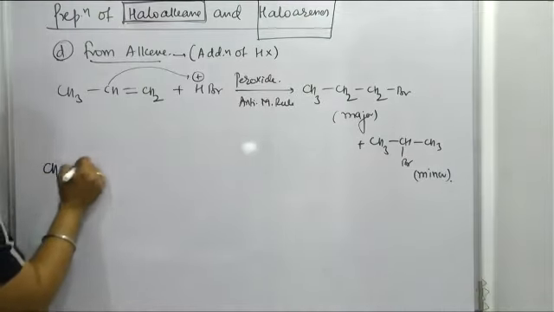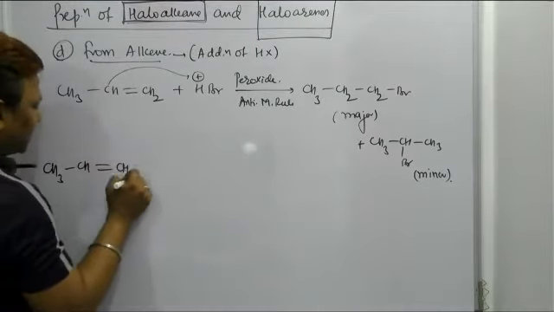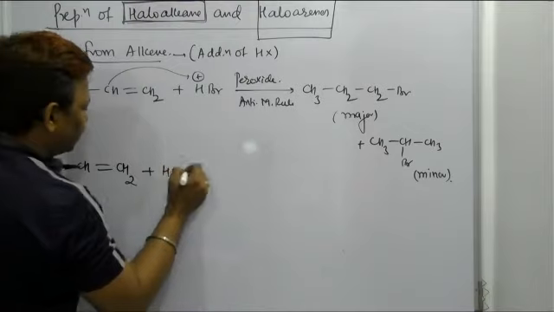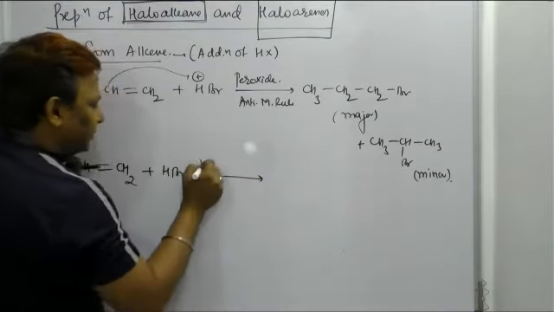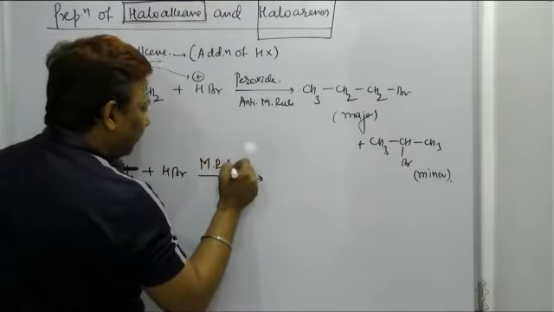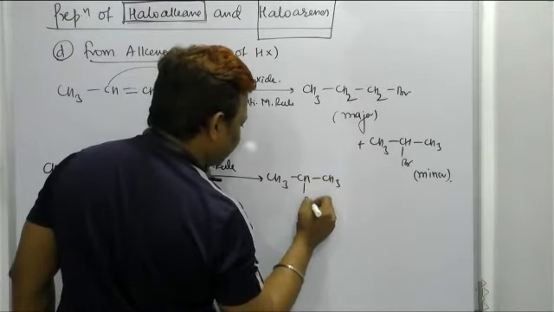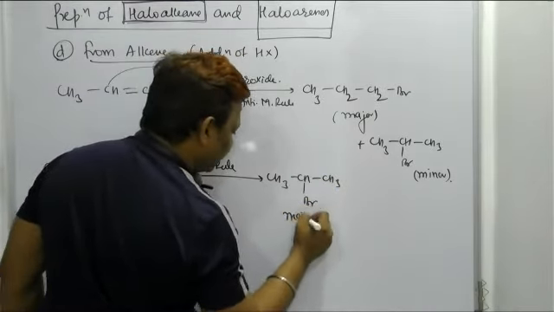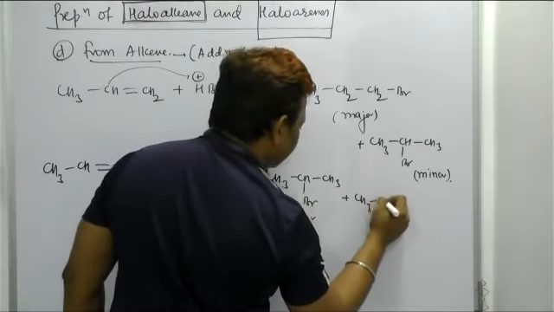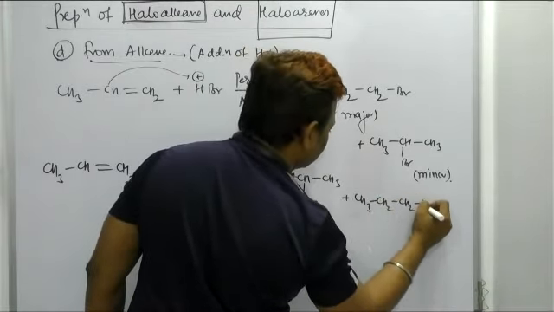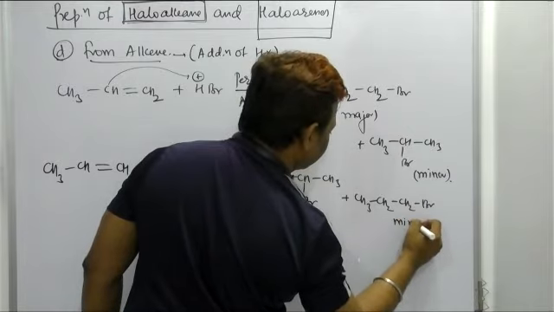And the same thing I want to write: CH3 CH double bond CH2 and HBr, but no peroxide means it should follow the Markovnikov rule, and I am getting CH3 CH Br CH3, that one is the major, and the other part beta CH3 CH2 CH2 Br, that one is a minor.